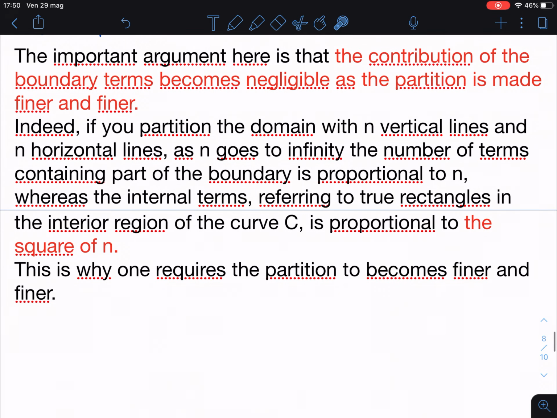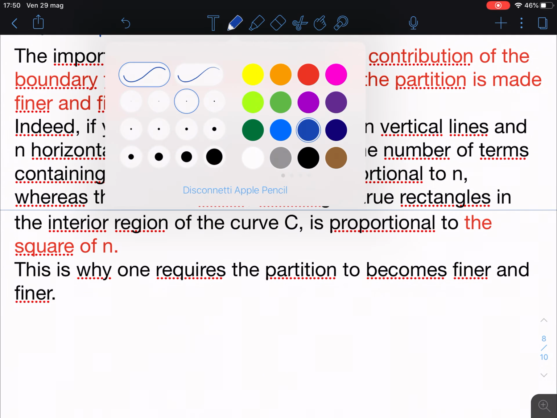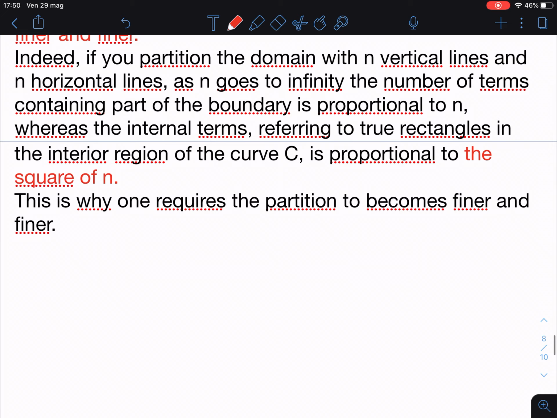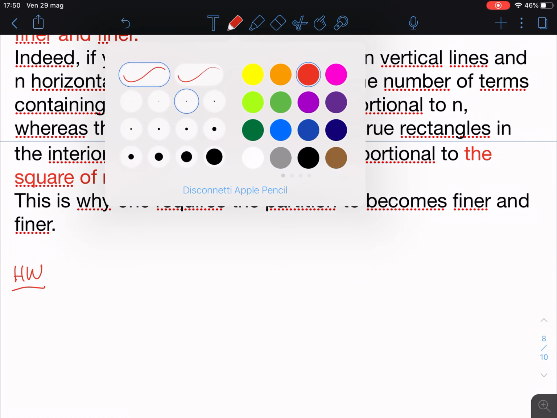Okay, so as a homework, then we can discuss a bit. I write it by pen.